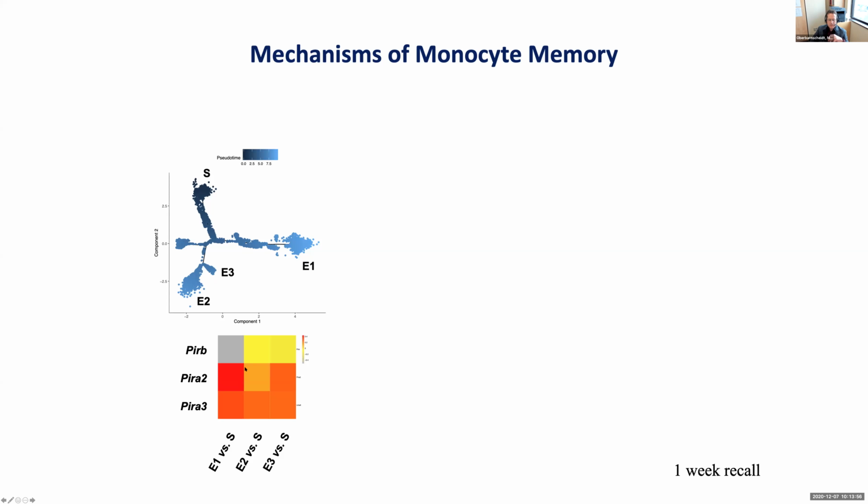And when we specifically looked at the expression of PRB and PRA2 and PRA3, these were the PIRs that we found transcripts for in this experiment, and compared the expression between those different states. In all of these expanded states, we noticed an upregulation of PRA2 or PRA3 compared to the starting state, indicating that these monocytes potentially expand.